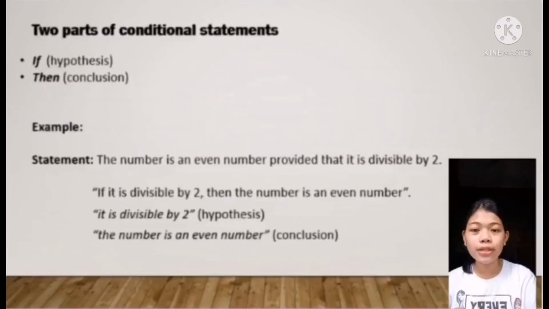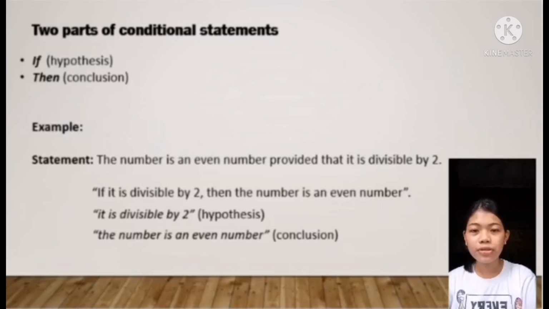A conditional statement consists of two parts: the antecedent or hypothesis in the if clause, and the consequent or conclusion in the then clause. For example, this is a statement: the number is an even number, provided that it is divisible by 2.